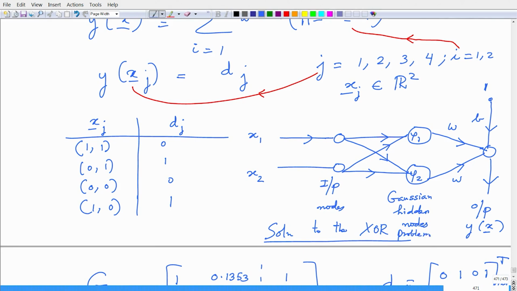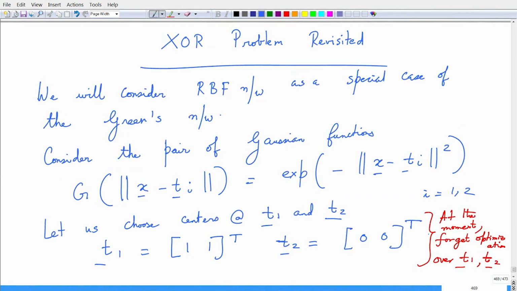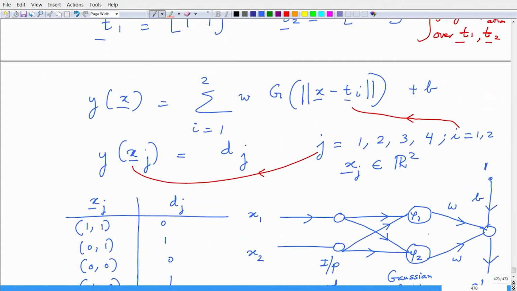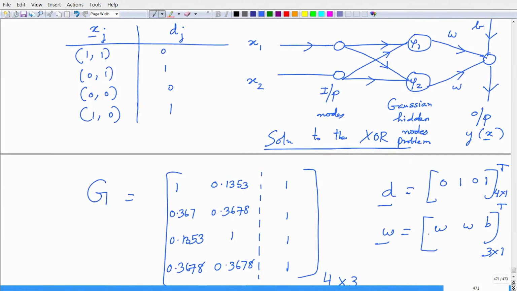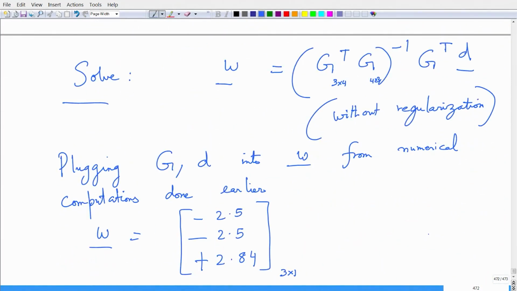So what we have done is illustrated how you can solve the XOR problem using an RBF network, but instead of having a hidden node that corresponds to every data point, I choose my centers T1 and T2 appropriately to use in my hidden units, and thereby I set up this problem and solve it using the RBF network.